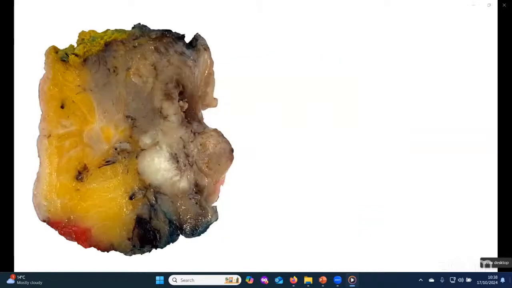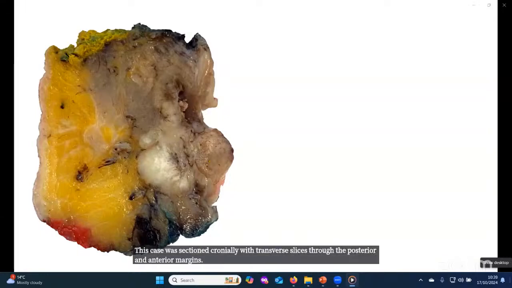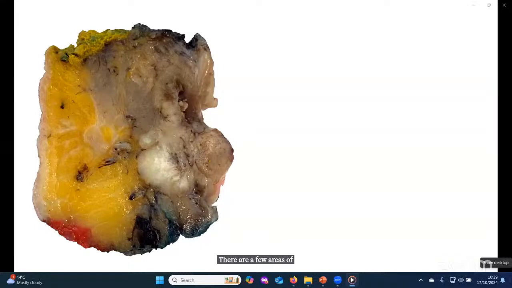This case was sectioned coronally with transverse slices through the posterior and anterior margins. There are a few areas of interest on this representative slice. The oral mucosa is on the right side with the buccinator here, and deep and lateral to this is the zygomaticus muscle.